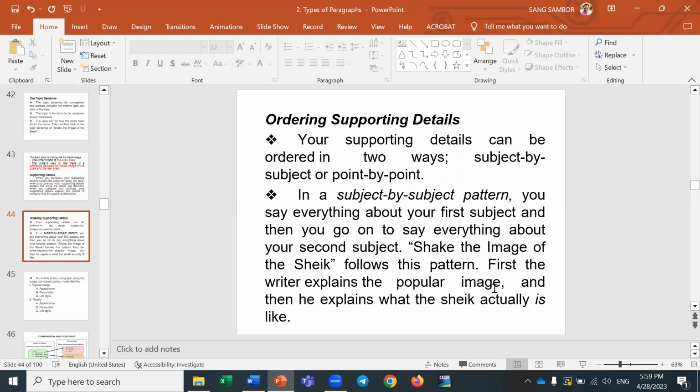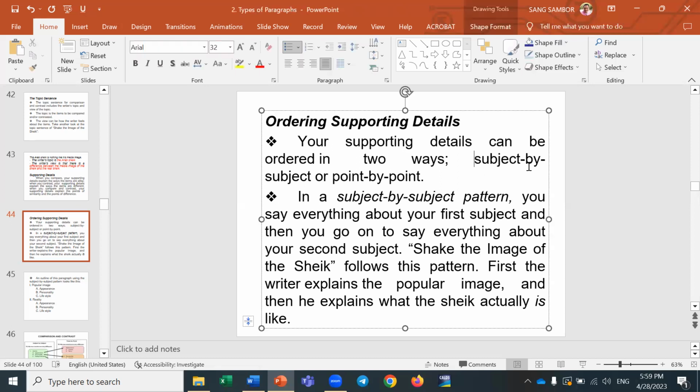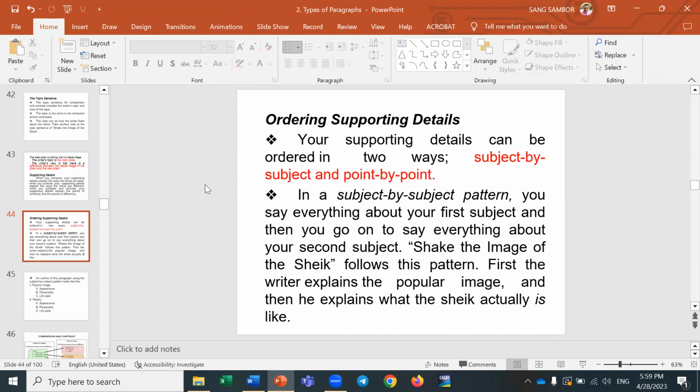So your supporting details or your supporting points can be arranged in two ways: subject by subject and point by point. Let's see what the subject by subject pattern and the point by point pattern are.